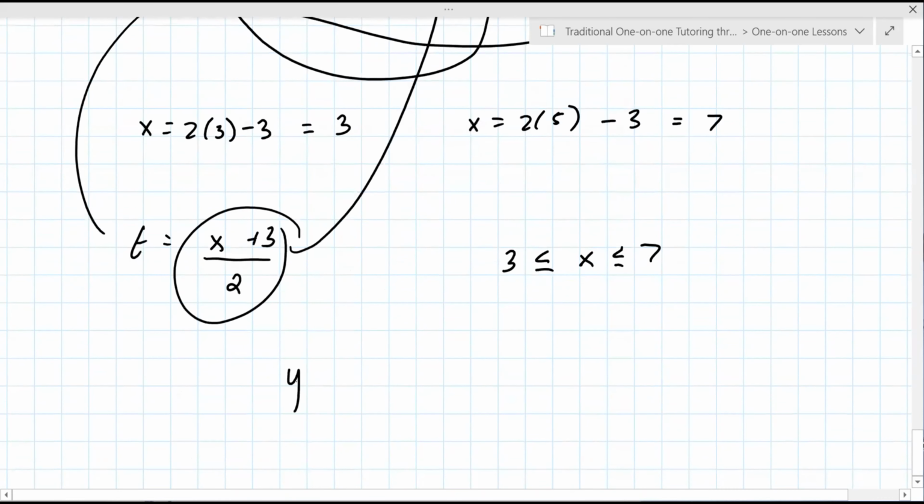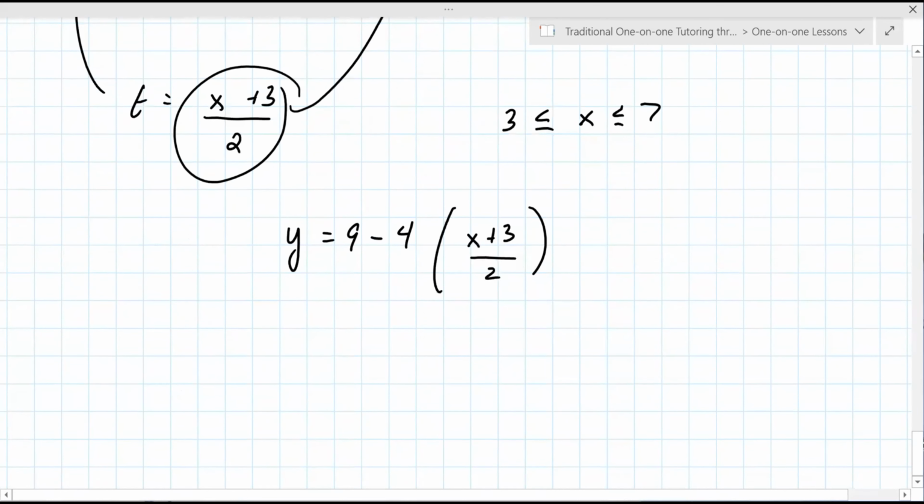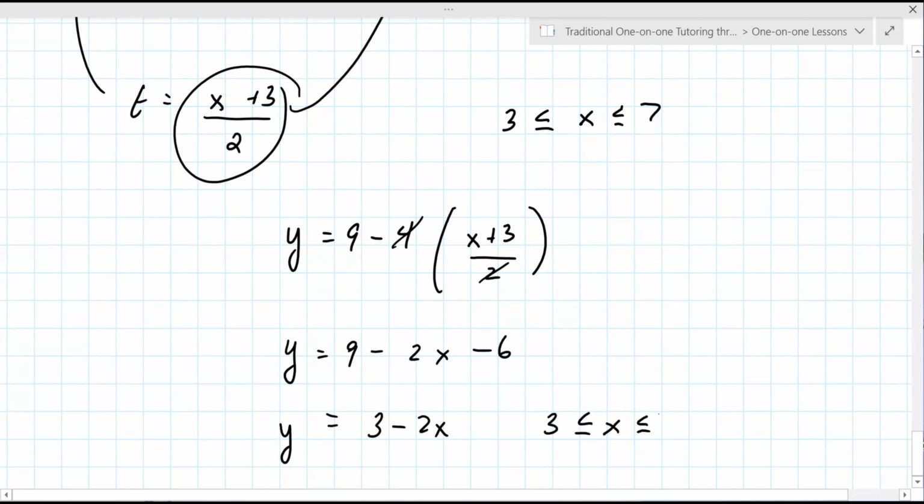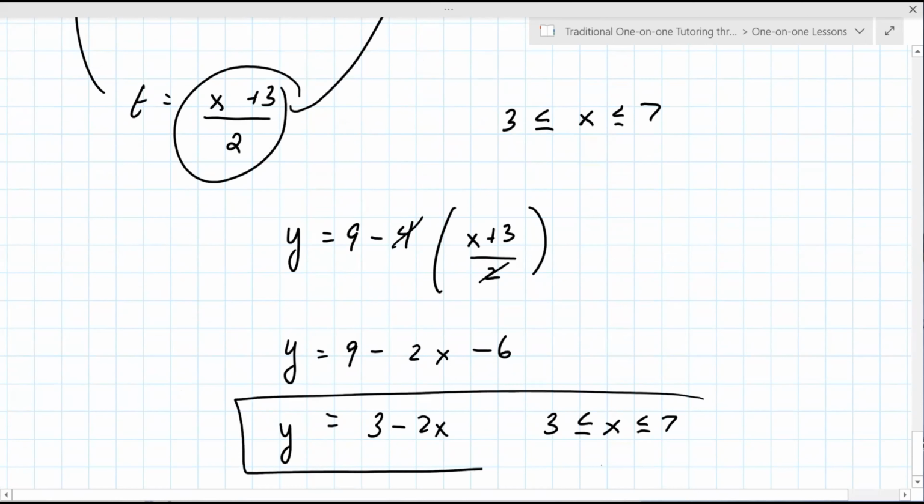So your y is equal to 9 minus 4 times x plus 3 over 2. So this 4 and this 2 make 2. So it's 9 minus 2x, because you're distributing in, minus 2 times 3, minus 6. So it's 3 minus 2x, but it's only good from 3 to 7.